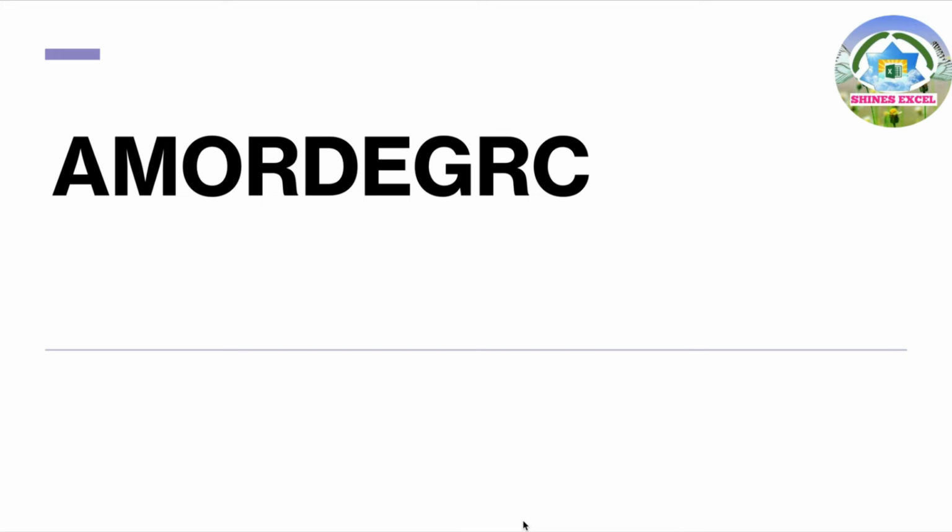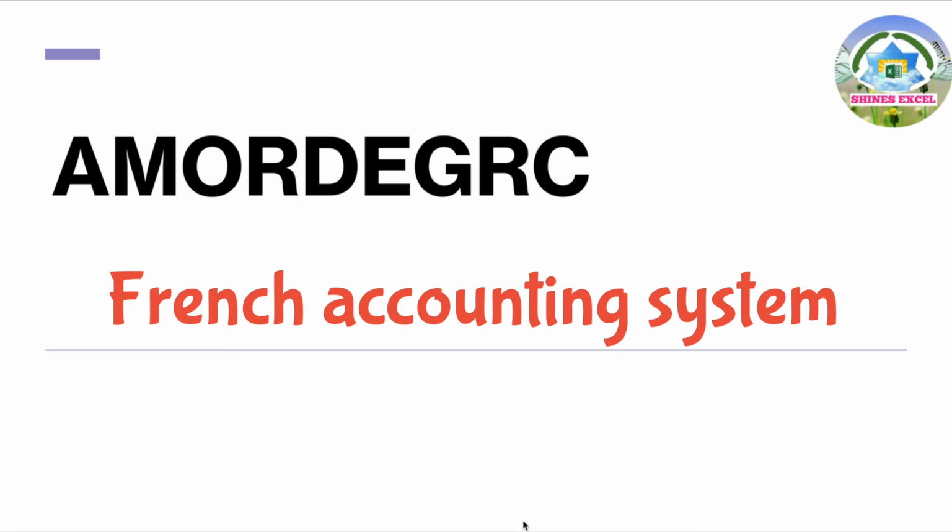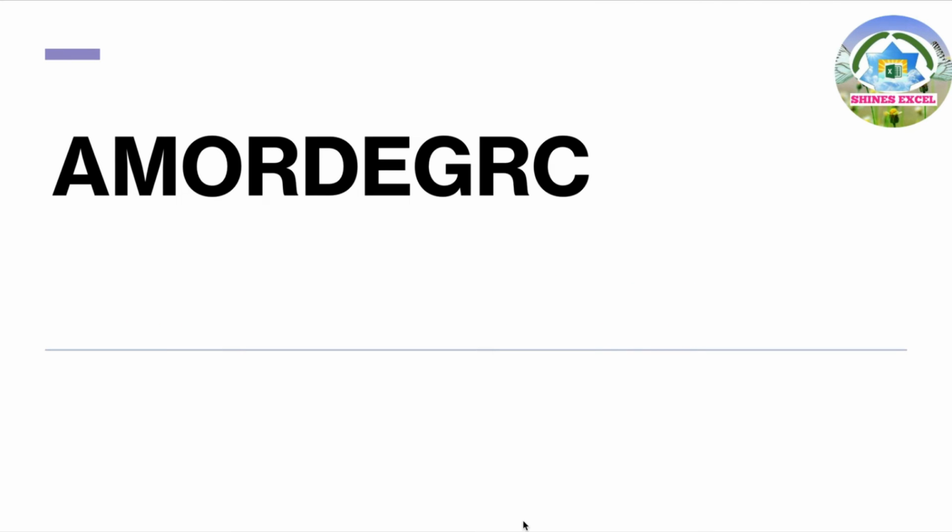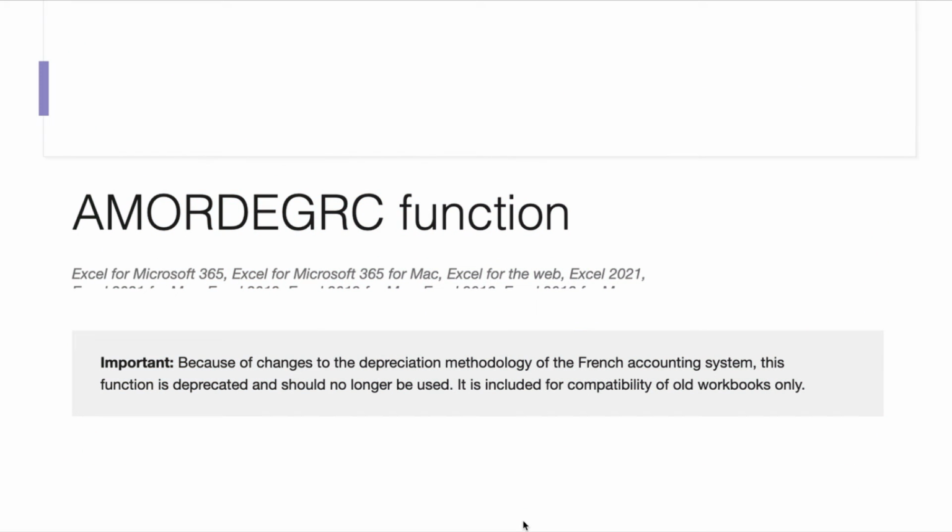AMORDEGRC. This Excel function is provided for the French accounting system, but now you can find this warning on Microsoft.com. It shows that because of changes to the depreciation methodology of the French accounting system, this function is deprecated and should no longer be used.